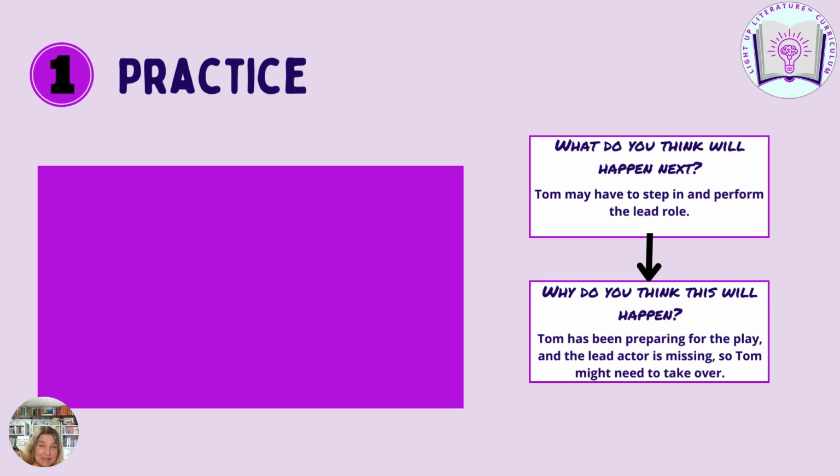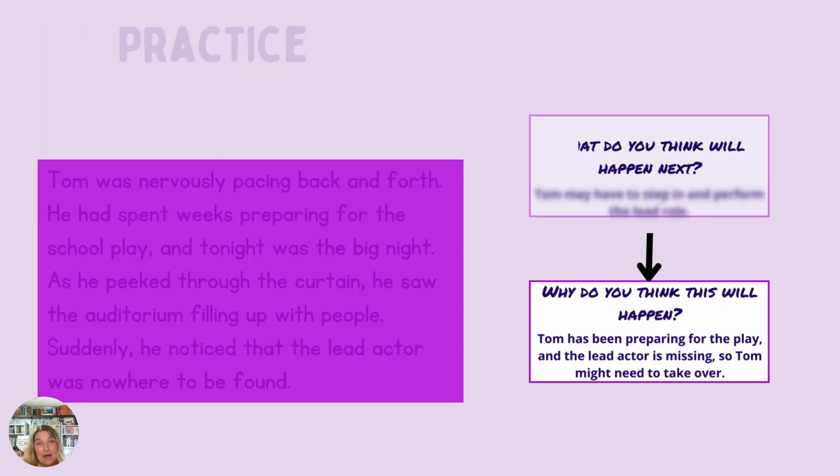Since he has been practicing for the play and he's been up worrying about it, Tom might have to take it over, right? He might have to do that job. That'd be pretty scary. I would freak out, but it's something that might have to happen.